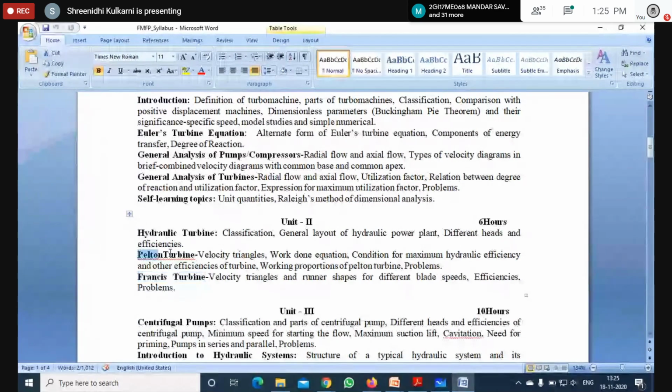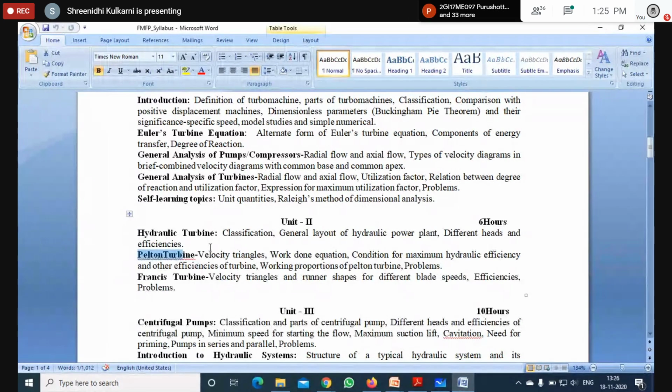Pelton wheel is an example of an impulse turbine, and in the reaction turbine we get the Francis turbine as well as the Kaplan turbine, but in your syllabus you don't have the Kaplan turbine, you have only the Francis turbine.